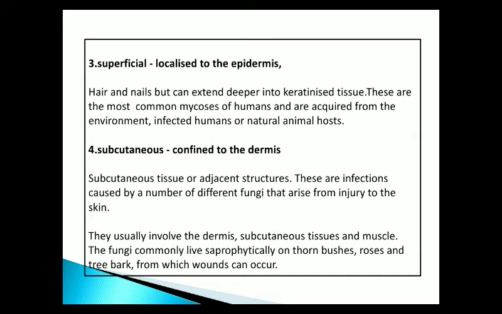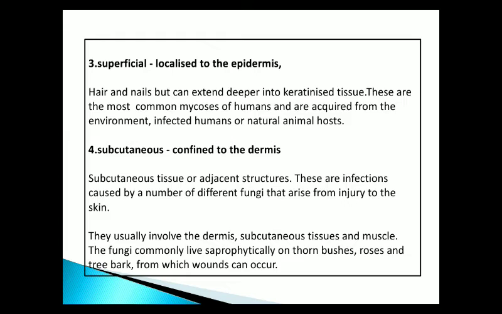Subcutaneous tissue or adjacent structures are the target of this microorganism. These are infections caused by a number of different fungi that arise from injury to the skin. That means it's mainly due to injury to the skin. They usually involve the dermis, subcutaneous tissue and muscles. It can spread to these tissues and muscles too.